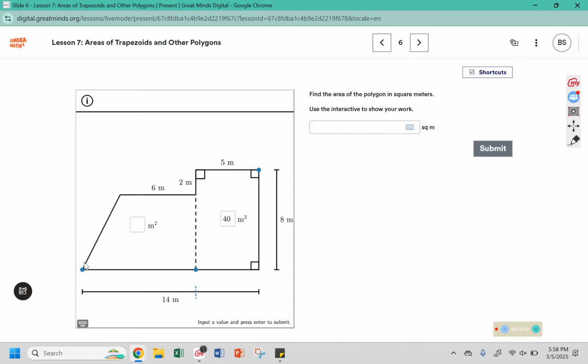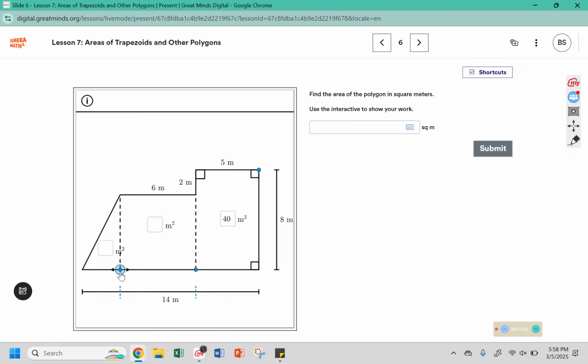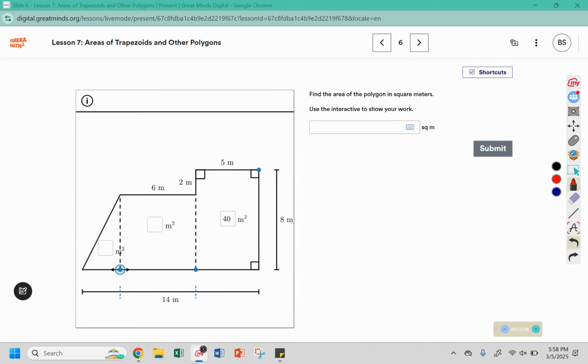This is a trapezoid, but I can cut it into a triangle and a rectangle. This has a base of 6, but the height is not 8. It doesn't go all the way to the top. This 2, not centimeters, meters, takes up part of it.